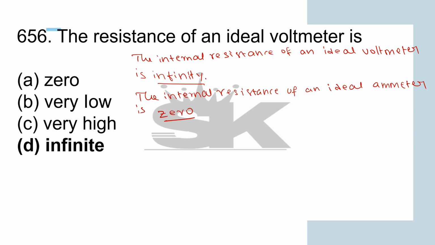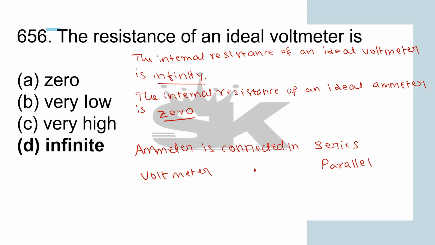Ammeter is connected in series, voltmeter connected in parallel. Remember these four things.